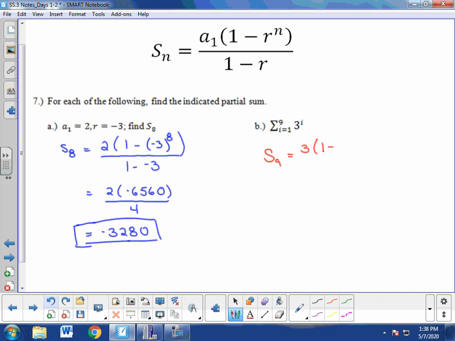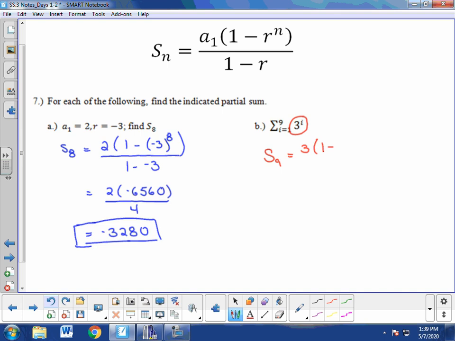Now the ratio, it doesn't outright tell us the ratio, but notice that this is 3 to a power. So the first term would be 3 to the first power. The second term would be 3 to the second power, or 3 times 3. Then the third term would be 3 to the third power, or 3 times 3 times 3. The fourth term would be 3 to the fourth power, 3 times 3 times 3 times 3, and so on and so forth.